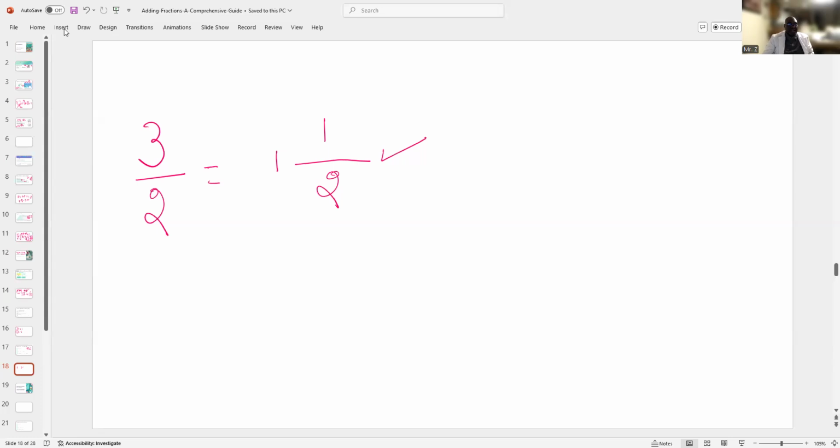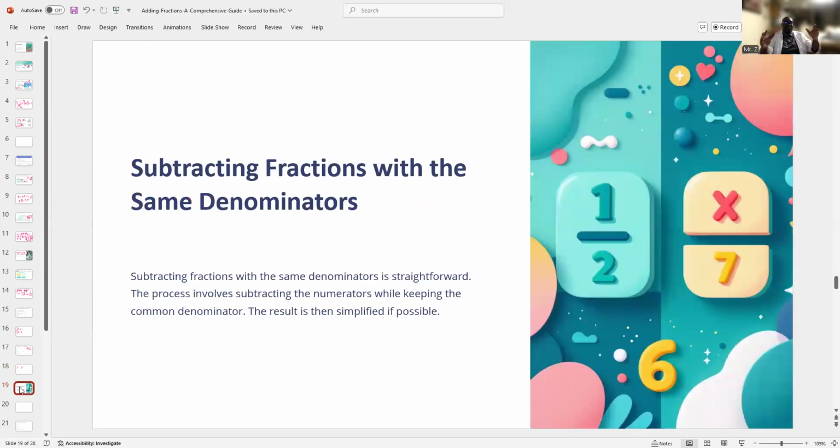Now, let's cover something. How do you subtract a fraction? Subtracting a fraction with the same denominator, you're gonna do only the top one like you did with the addition.